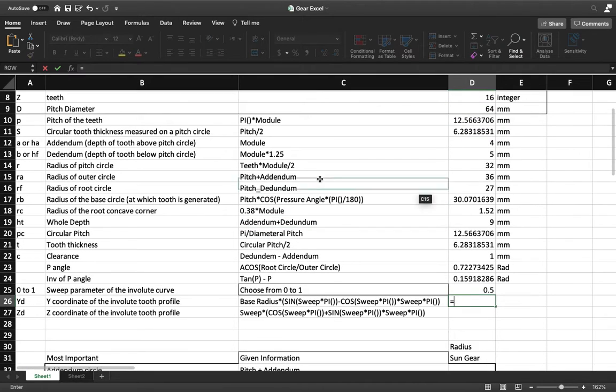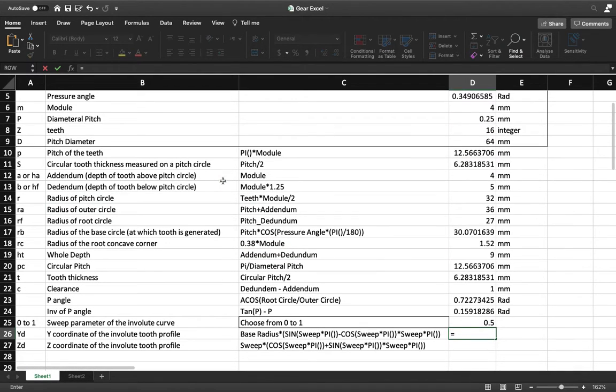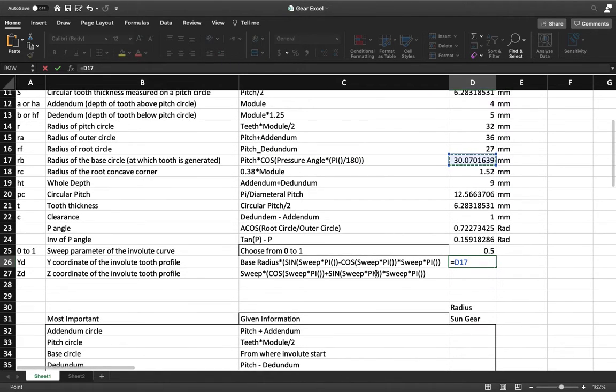Where was it? I actually forgot where it was. D17. Oh, sorry, the base radius right here. I apologize for that.